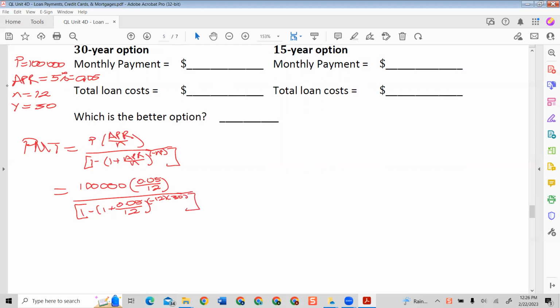I'm going to just in case. So on the numerator, I'm going to clean up that decimal right quick. So I'm going to have 100,000 times 0.05 divided by 12. And it gives me out, I'm going to leave it in fraction form, or you can write it in decimal if you want.